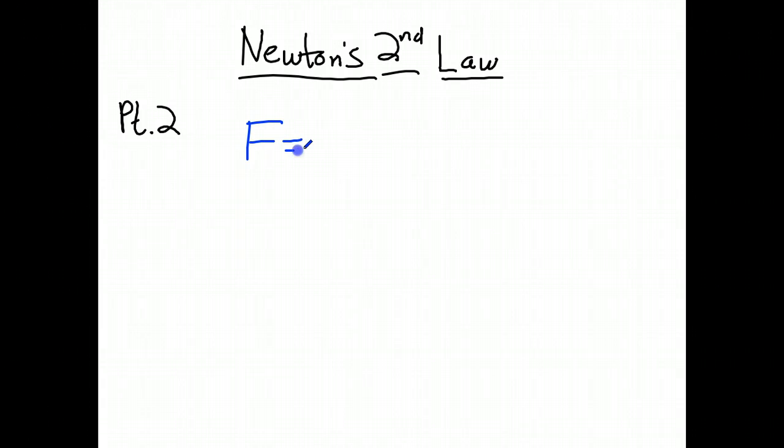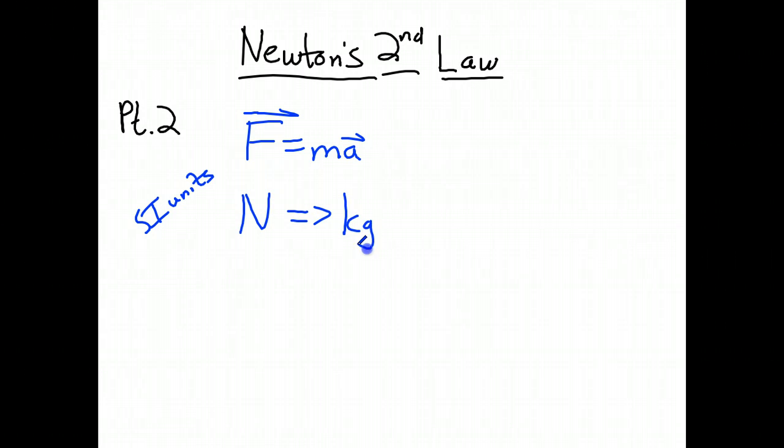So our equation, F equals ma, has force, mass, and acceleration. The SI units associated with those 3 variables are the Newton, the kilogram, and meters per second squared.